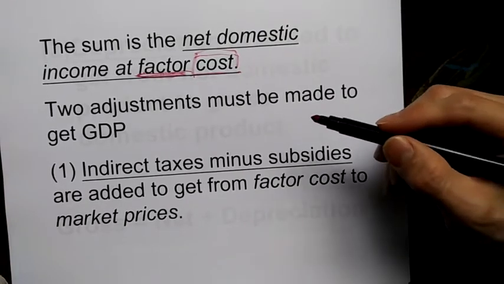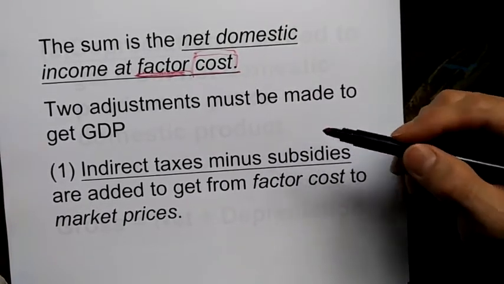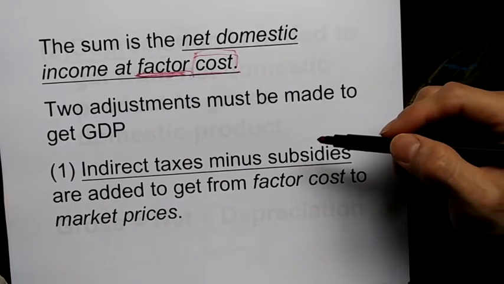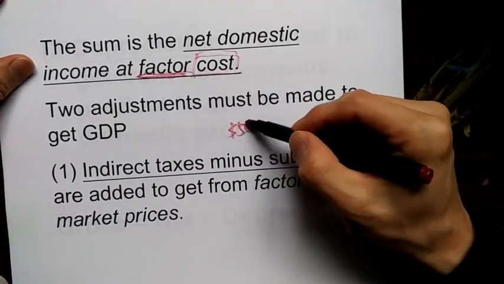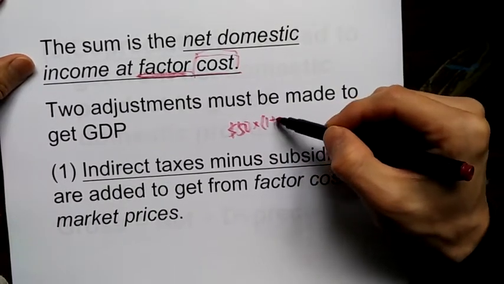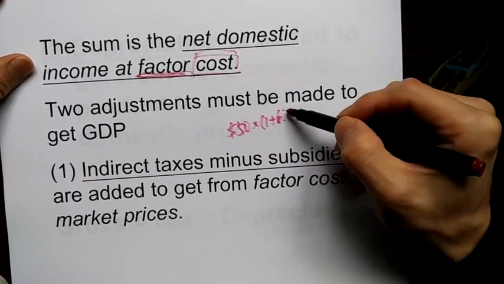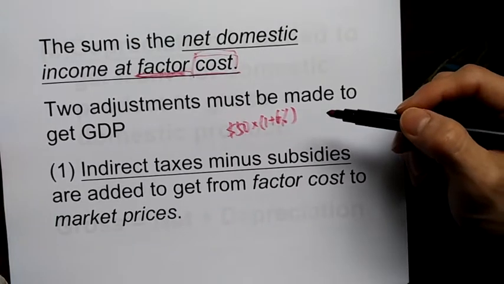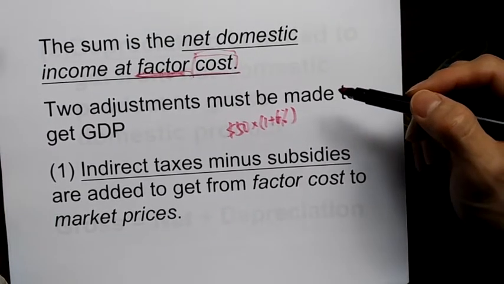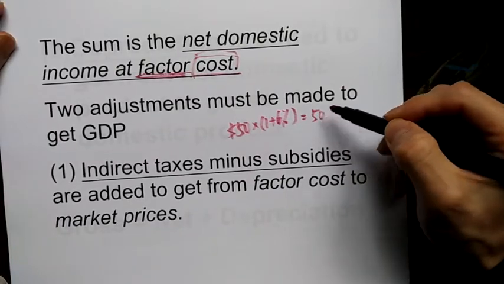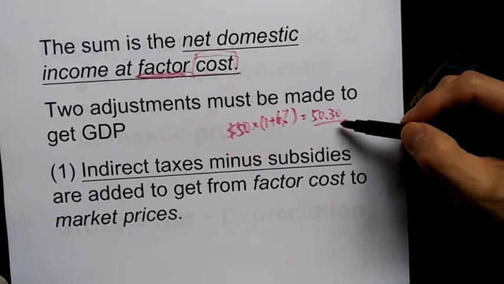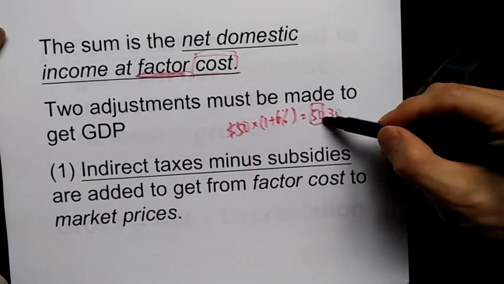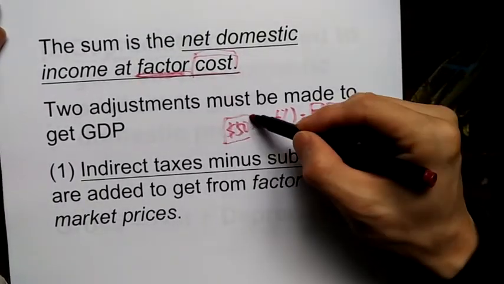But do you pay Meijer $50 to get a bread? The answer is no, because actually you pay $50 and 6% sales tax, right? Therefore, you pay $50.30. So the market value of the bread is $50.30. It is not $50.